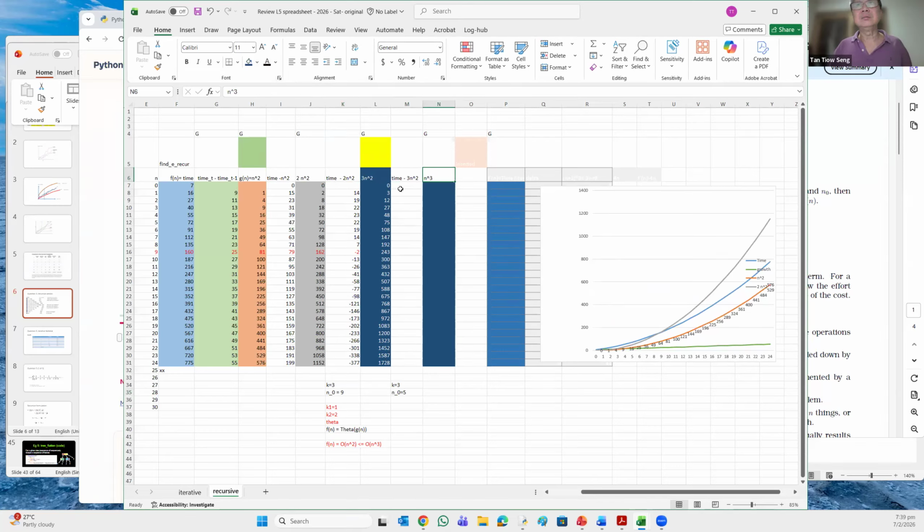All right. N cube will be, take n equal to 1 is 1. N equal to 2 is 8. N equal to 1 is 1. This guy is 0. And so on. So if you take the time minus n cube, you will get this.